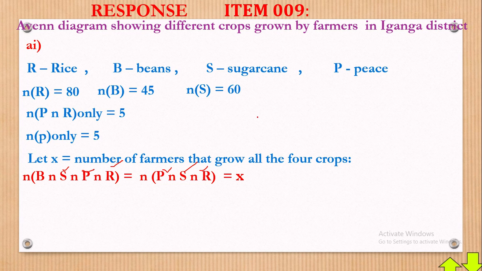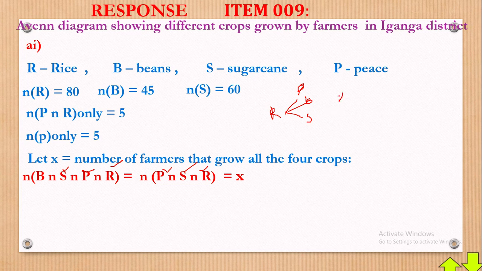But remember I told you that here we have the rice, but the rice has all these three. So the rice has the peas, the rice has the beans, and the rice has the sugar.